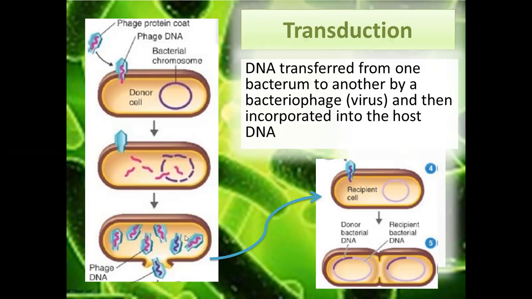So the production of new virions cannot take place in this bacteria, and this donor DNA is included into the chromosome of the recipient bacteria. These bacteria stay alive, they multiply by binary fission, and the gene of donor bacteria is transferred to the progeny of this recipient bacteria.